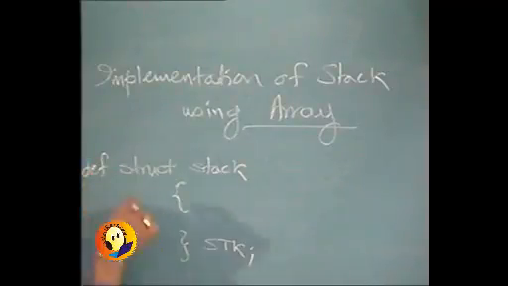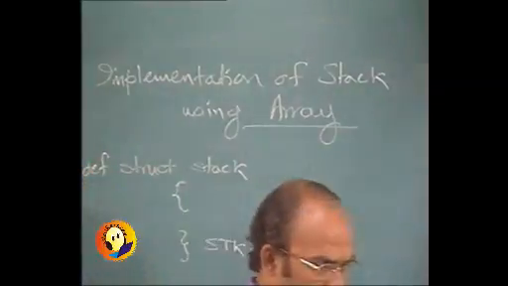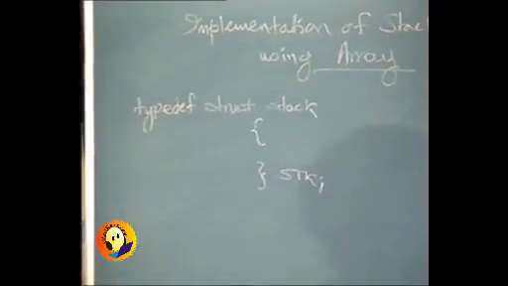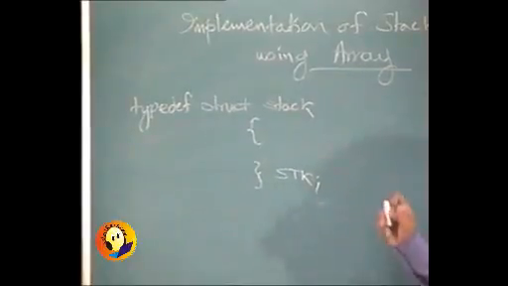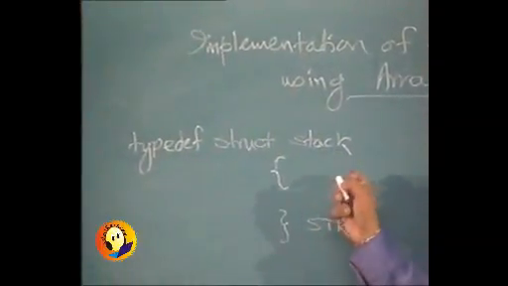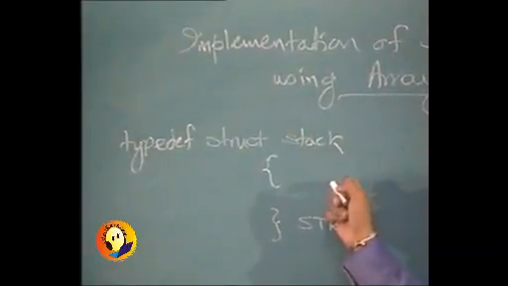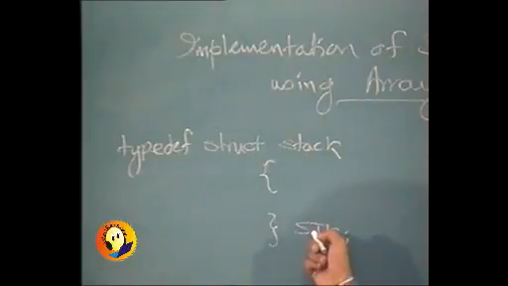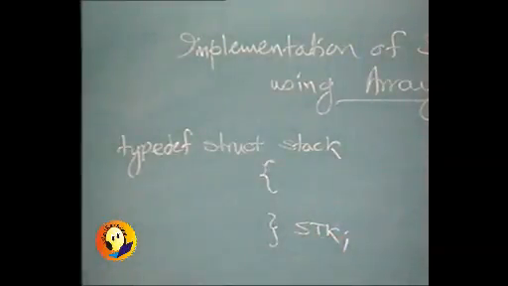I suppose this is what we have already seen in the sparse, that is struct sparse, some data objects within it, and a new type is declared. So here I am having typedef struct stack some data. The new type is stk. So I am writing the code entirely in the general form.